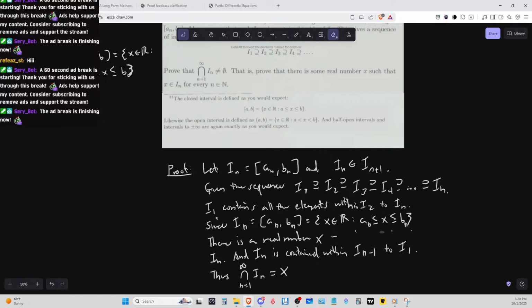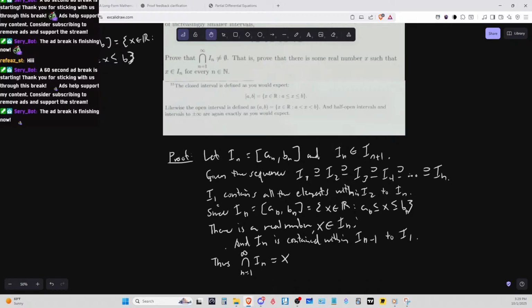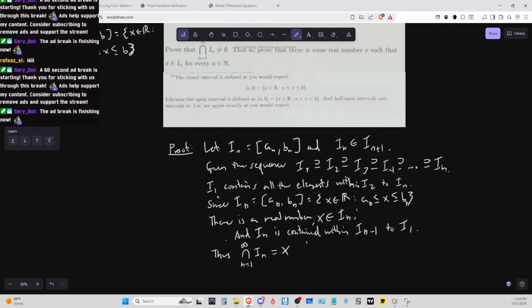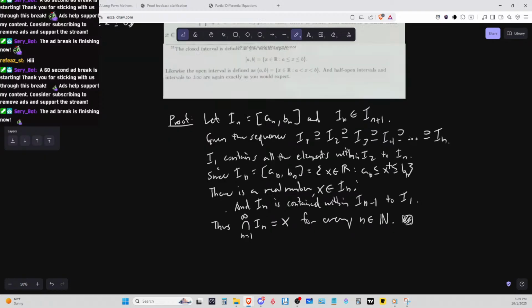Actually, I can erase this part, and then write this. Structured. I feel like that might be the solution.